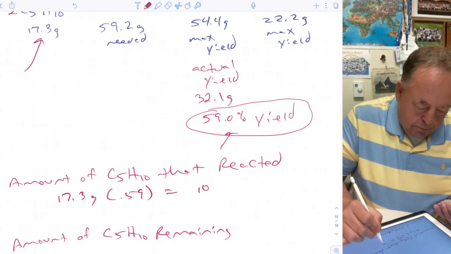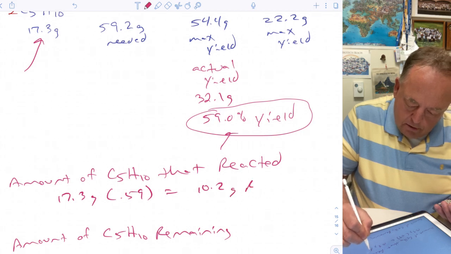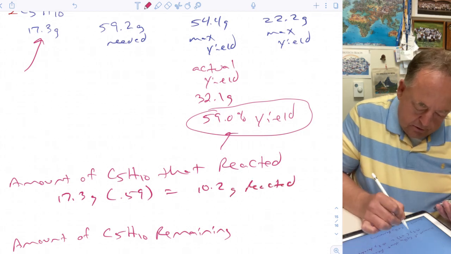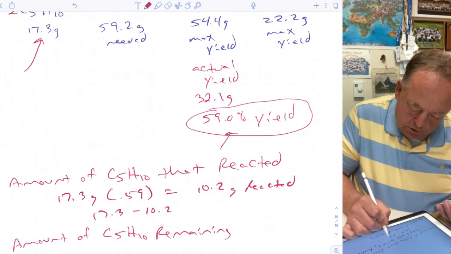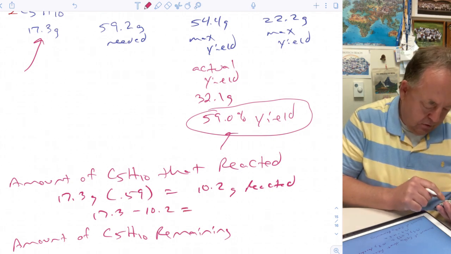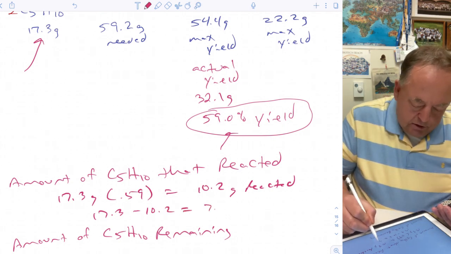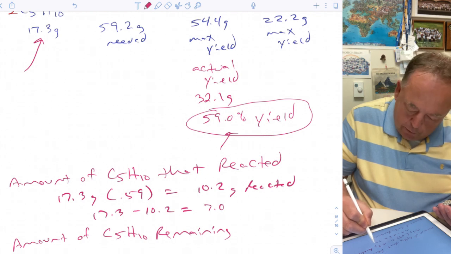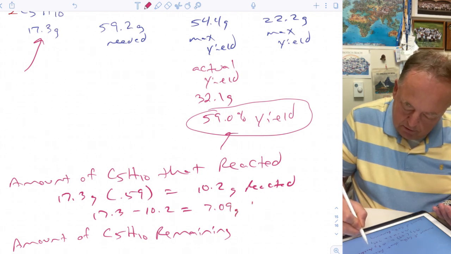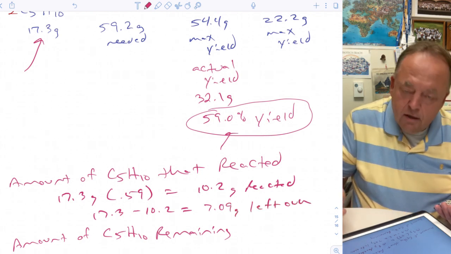That means 10.2 grams reacted. So 17.3 minus 10.2 equals, so that means there would be 7.09 grams left over.